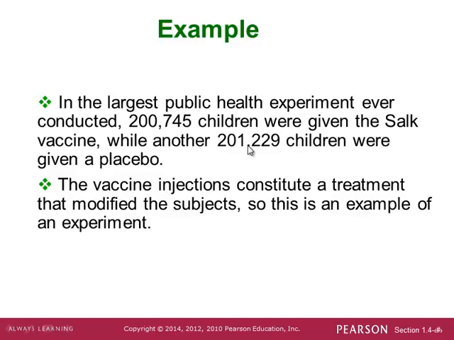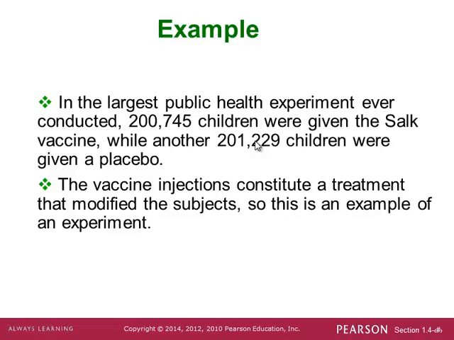and 201,229 children were given a placebo. And I'll tell you what a placebo is in a minute, but it's basically a sugar pill, or in this case, more like a saline injection. And of course, the children probably don't know whether they got the active treatment or they got the placebo. All they know is they got a shot.